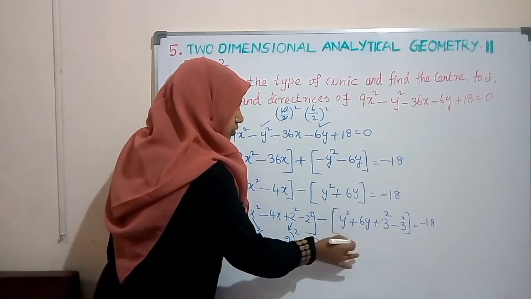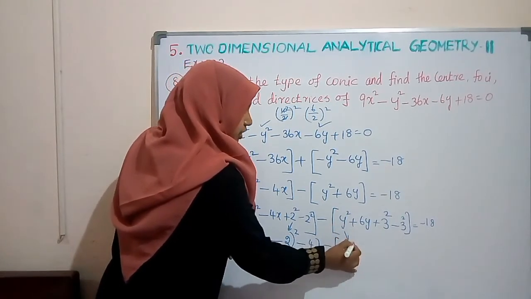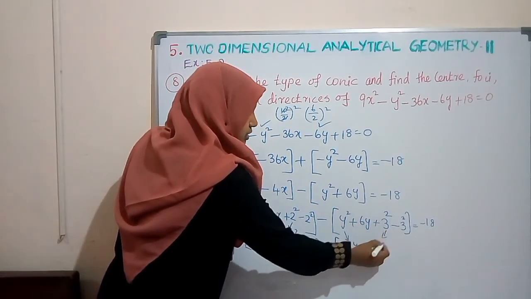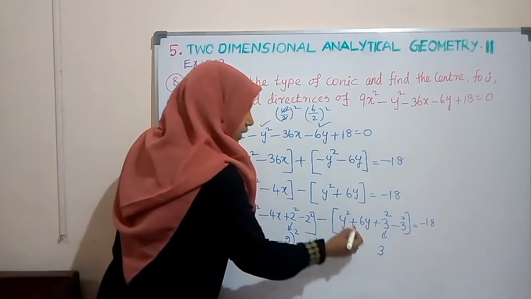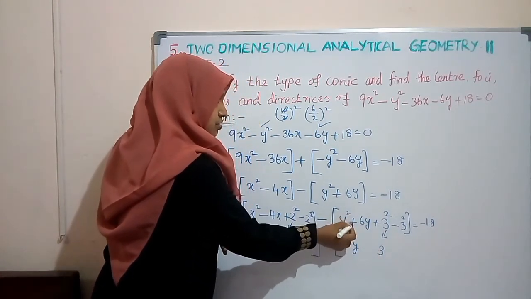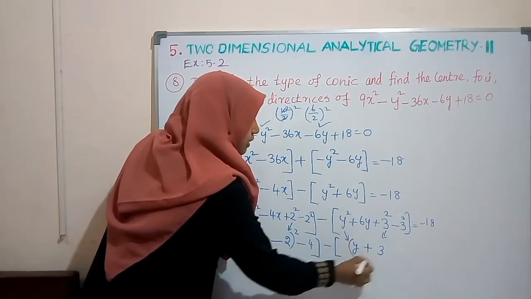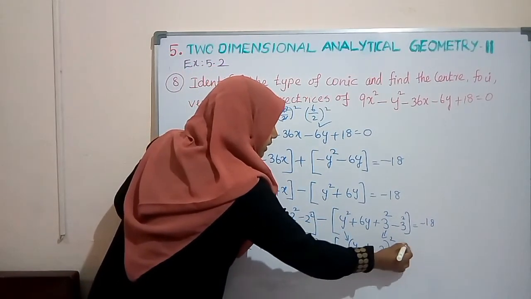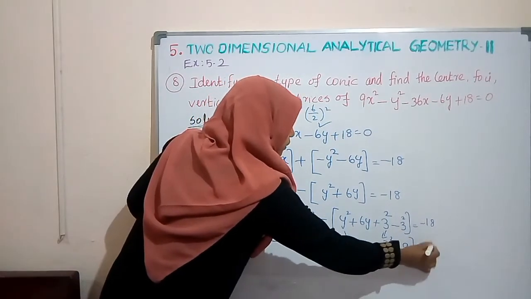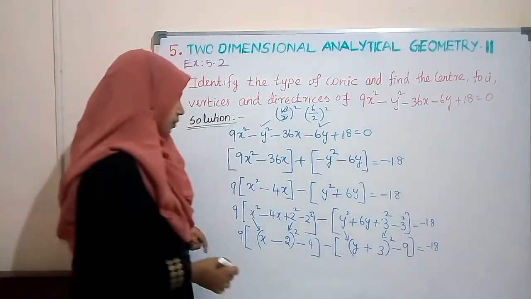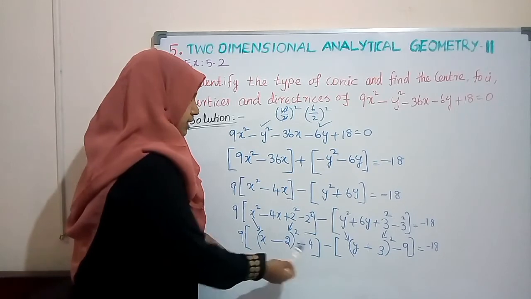And here also from this y square we can write y, from this 3 square third term we can write 3, and middle sign second term just see the symbol, it is plus means we can write positive. So y plus 3 the whole square minus 9 is equal to minus 18. Okay, we can multiply this 9 with these two terms.